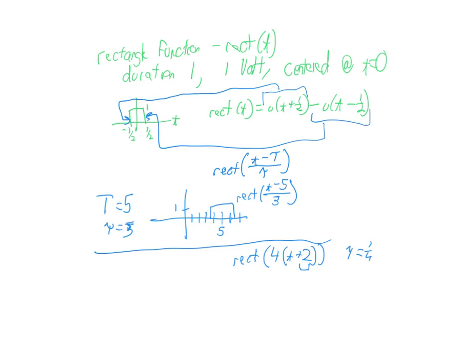So if I sketch that one out, so there's -1, -2, and I have a duration of 1/4. So I go 1/8 this way, and 1/8 to the left of -2, and then it's 0 outside of that range. So that's how the rectangle function can be used.